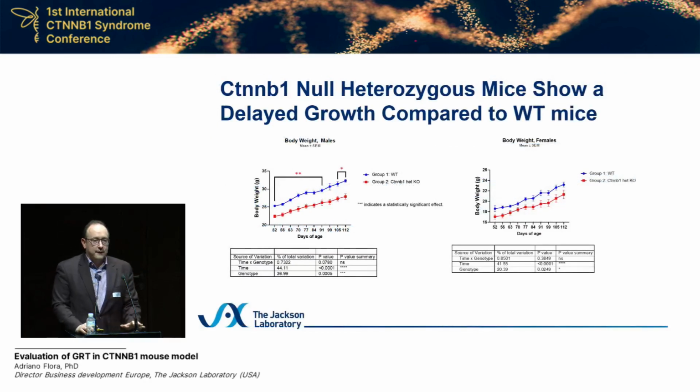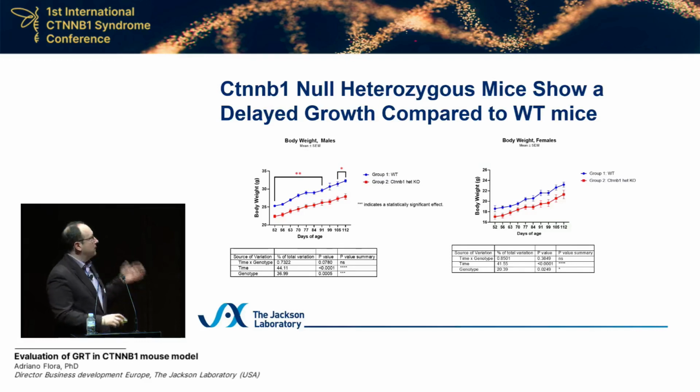The first observation that came out was that the mutant animals, the heterozygous animals, are smaller than wild type. This is more pronounced in males, but it's clearly a trend in females. Keep in mind, these are not very large numbers, so if the difference is not huge, you will not pick it up. They do grow, so it's not that they're stunted or the growth is blocked somehow, but it's definitely delayed.